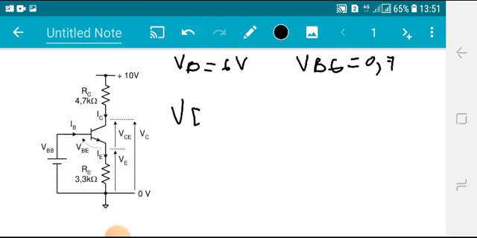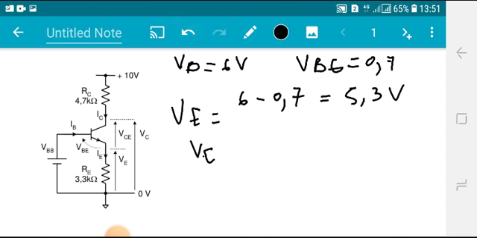So let's start off with VE. VE must be VB minus VBE. This will give me this voltage here. So that is 6 volts minus 0.7, which is approximately 5.3 volts. And now I have to find the current going this way, which is basically VE minus ground over the emitter resistance there, so 10 to the power 3.